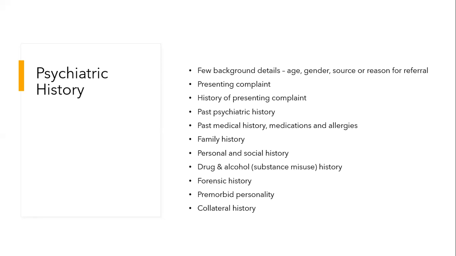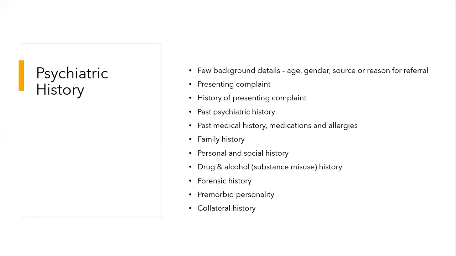So I'll think about those background details: 35-year-old male, referred by the police sergeant with suicidal thoughts. I might also look back at other police records or other previous healthcare assessments that have been done on that client or any other notes that may be available. I'll then move on to the presenting complaint, which is the reason they've come to see you in the first place. So in this case, it's suicidal thoughts.